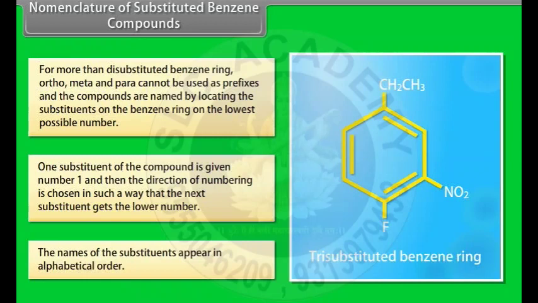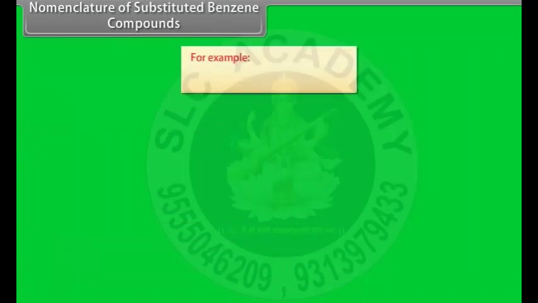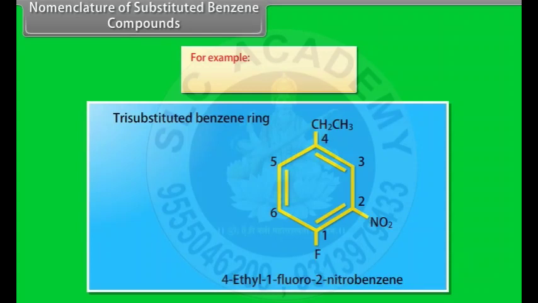The names of the substituents appear in alphabetical order. For example, we assign number 1 to fluorine so that nitro gets 2 and ethyl gets 4. This compound is named in alphabetical order as 4-ethyl-1-fluoro-2-nitrobenzene.